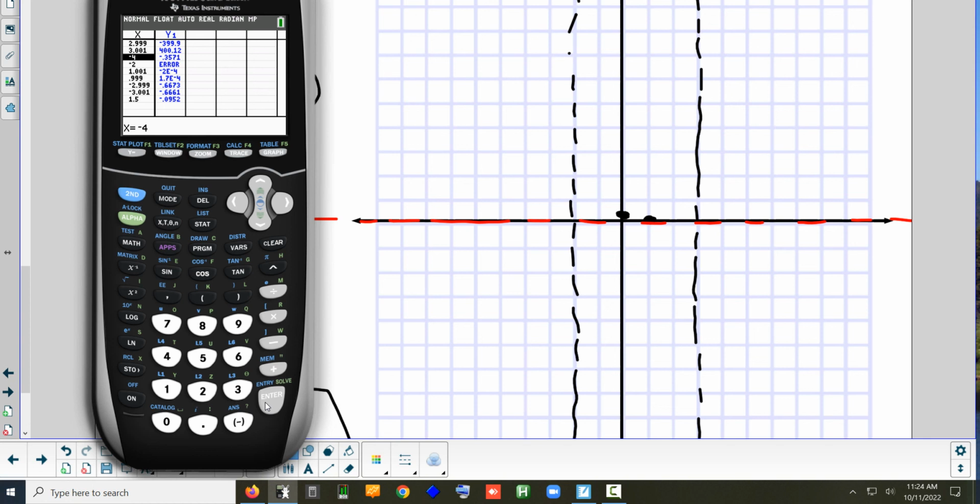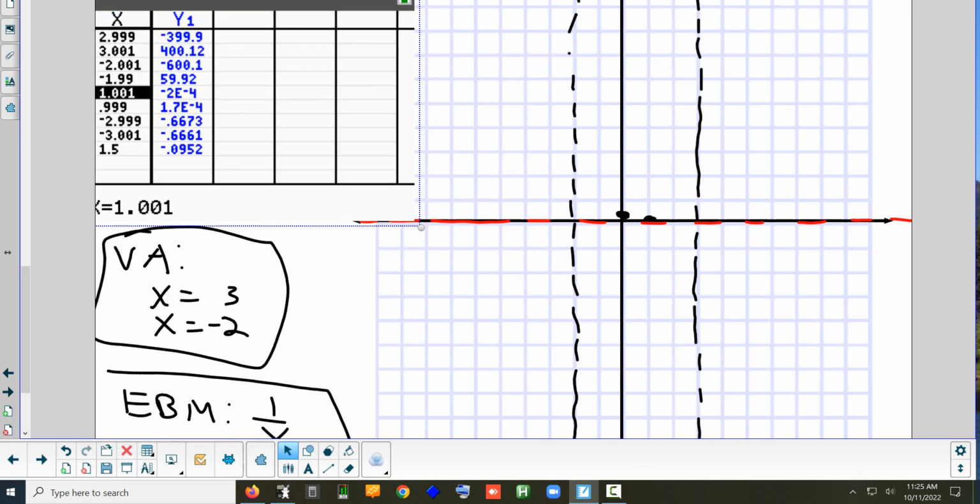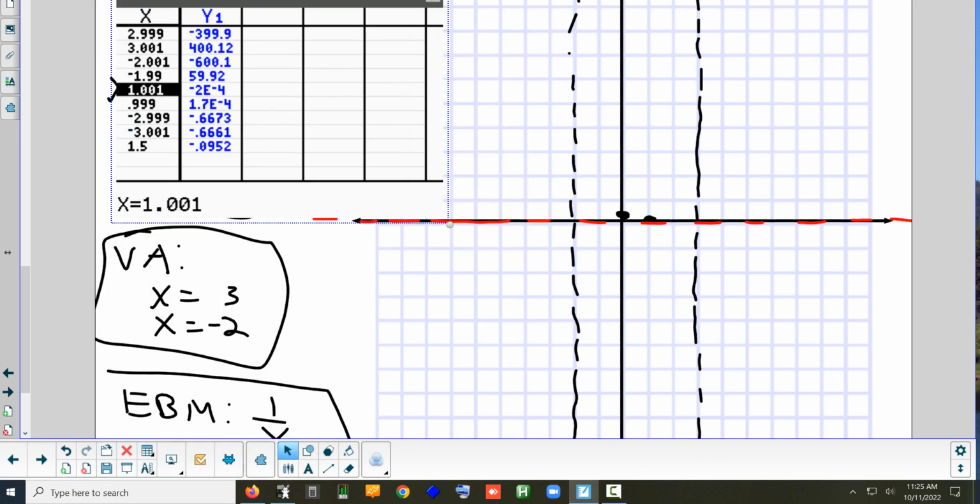Christian? -2.001. Okay, I'm at -600. And can you give me a number on the other side? -1.99. And I'm at +60. Okay, so we can see that. Don't worry about the other numbers; those are just from another problem.